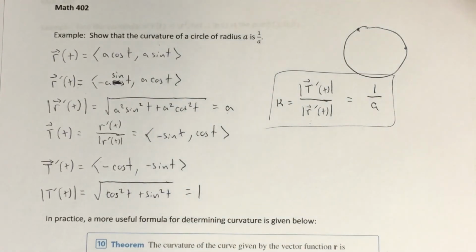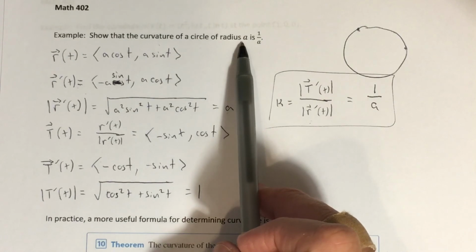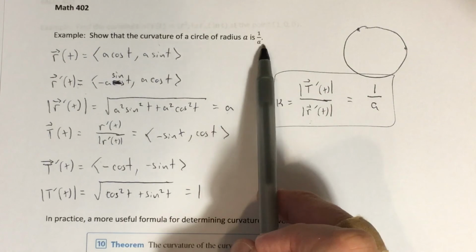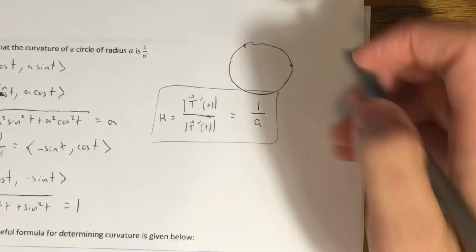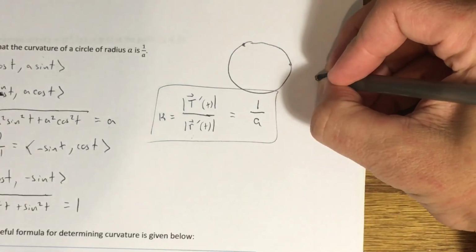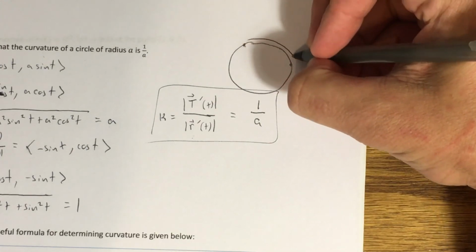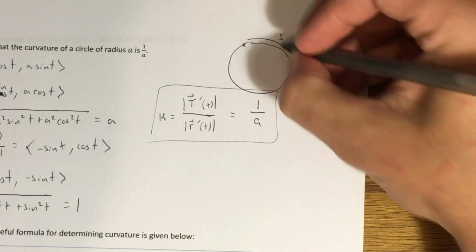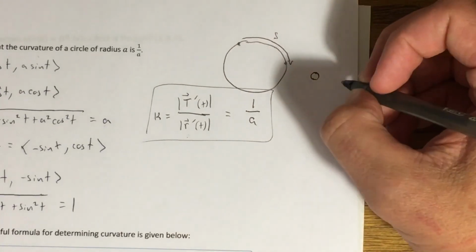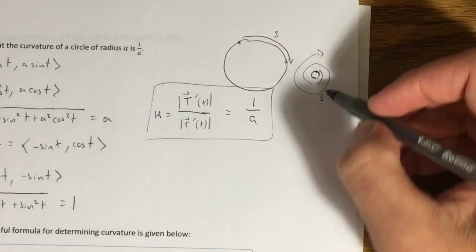Now, if you think about this, that makes a whole lot of sense, because it basically says that the larger the radius, the smaller its curvature. There's an inverse relationship between those two things. If you think of this circle up here as a large circle, and compare that to a much smaller circle, and think of the distance traversed, s, that would correspond to a point moving around the small circle probably a couple of times to have the same arc length.